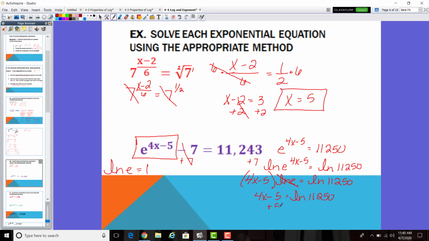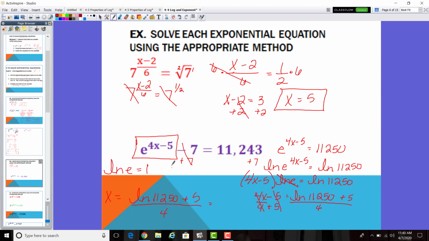And then inverse operation says I can add 5 to both sides. I can't add these and combine them because a natural log and a number are not the same thing. And then I can divide that sum by 4. So x equals the natural log of 11,250 plus 5, and that sum is divided by 4.